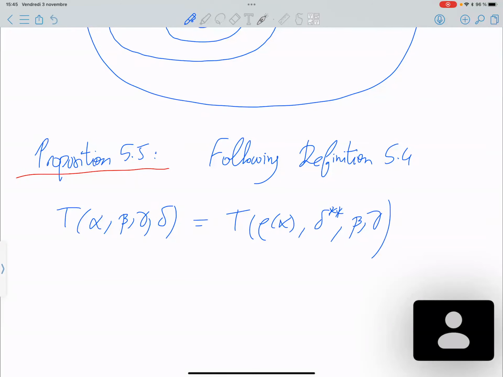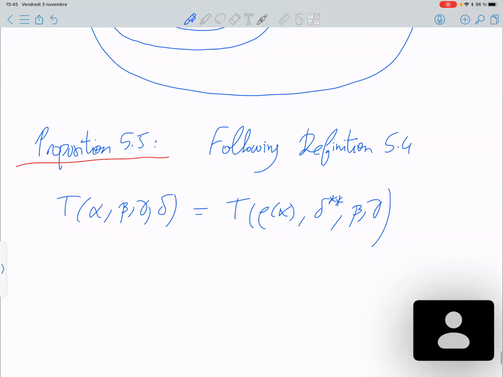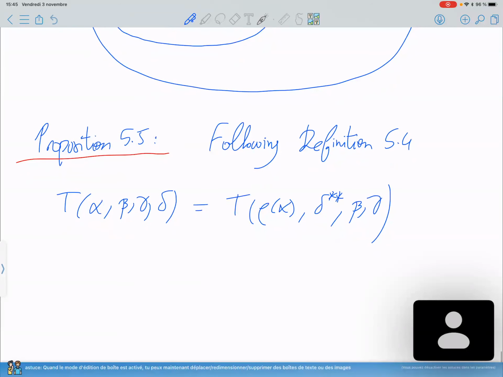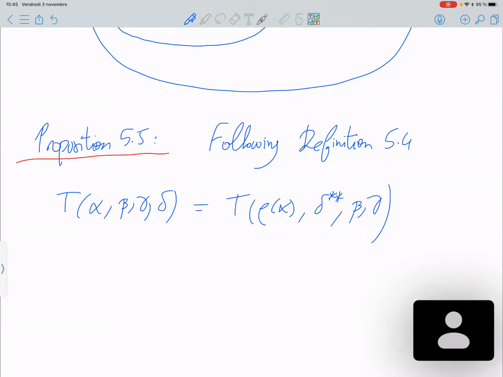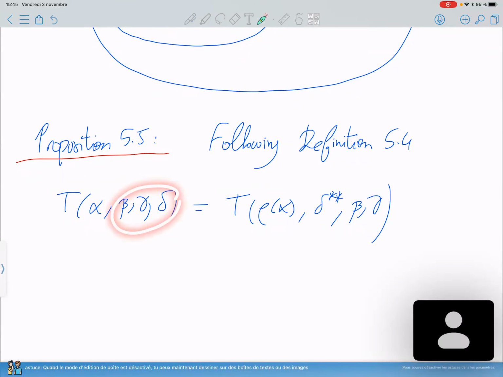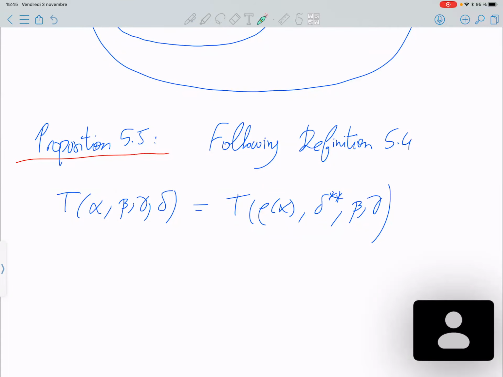So we get this cyclic symmetry for these three last morphisms. This comes here, this comes here, and this comes here, up to some pivotal structure, etc.